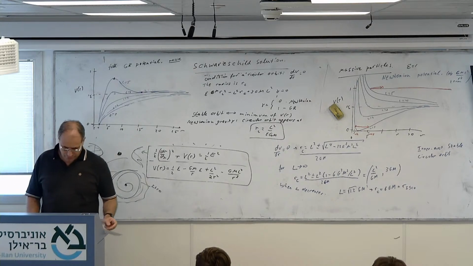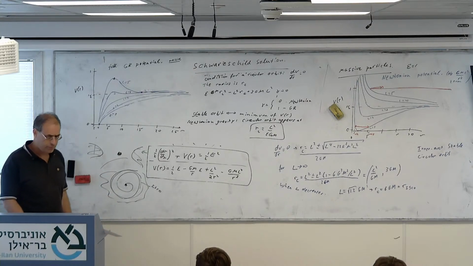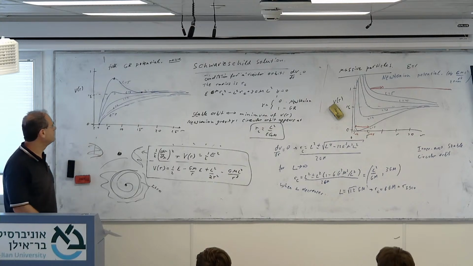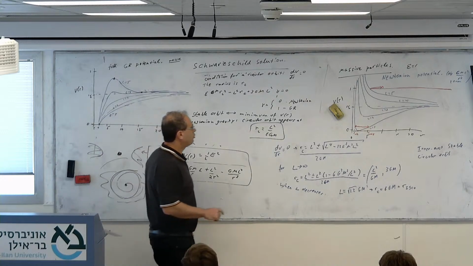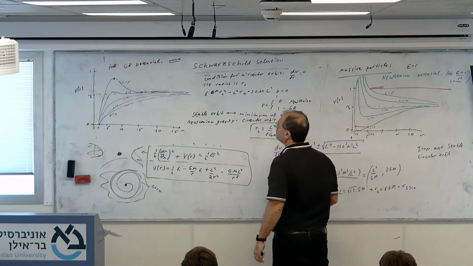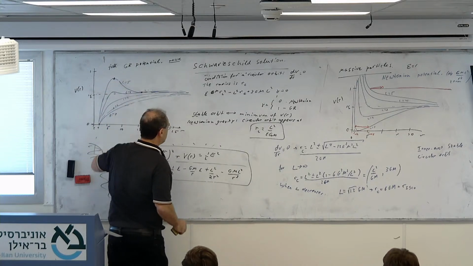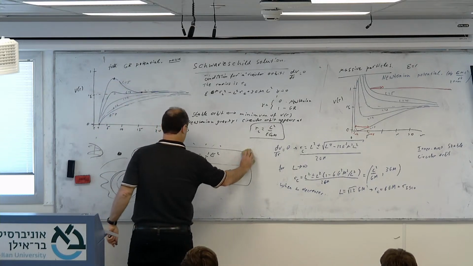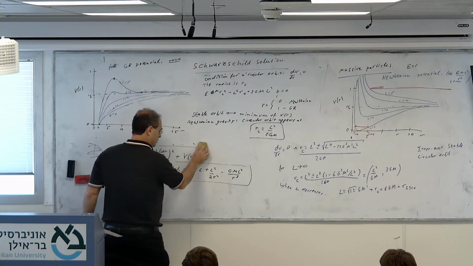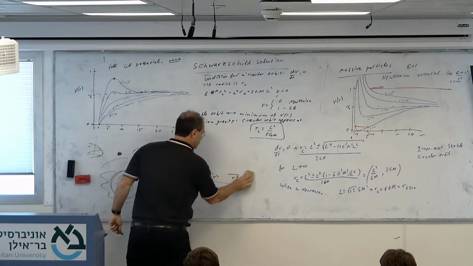Okay, so what types of orbits do we have? If we look at this potential, we get the orbits that we have here. These will be circular orbits, obviously. I will get back to that in this space now.